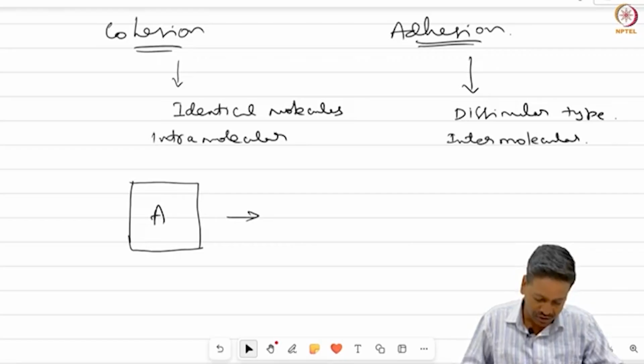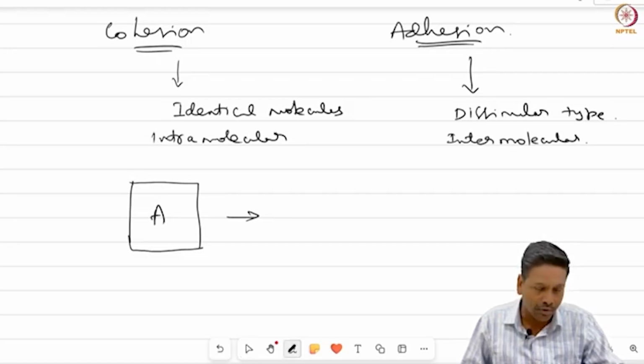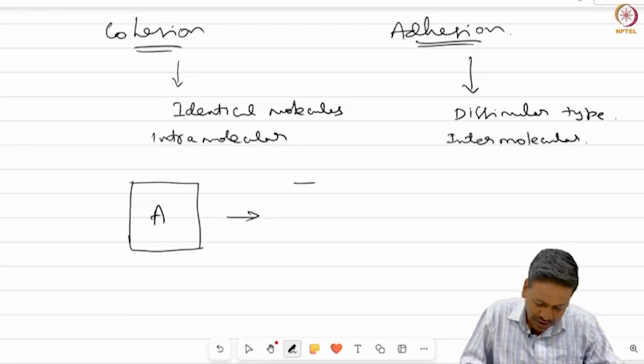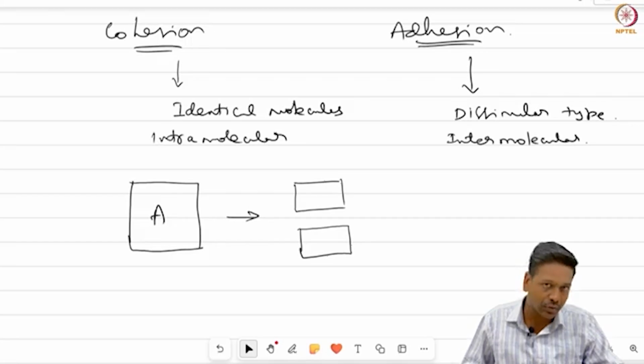What if I break, or pull, this liquid column apart into two equal parts?